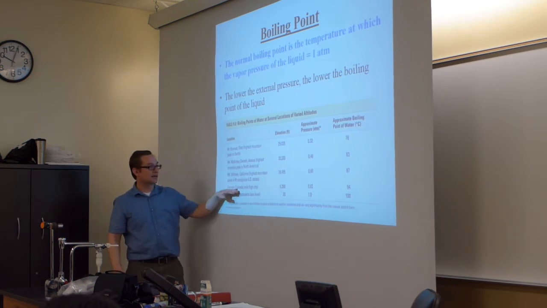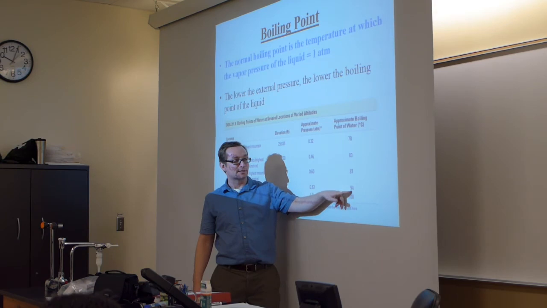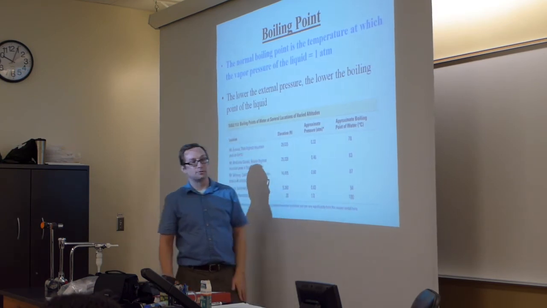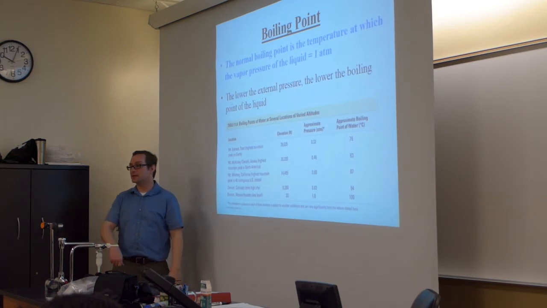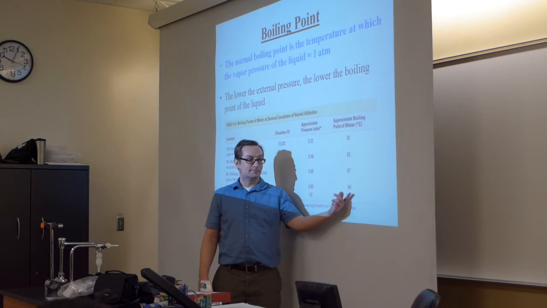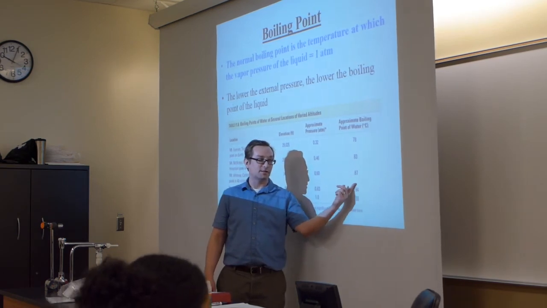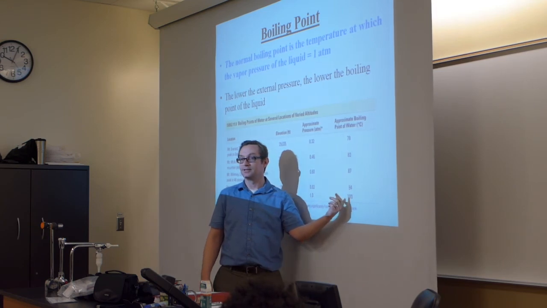In Denver, Colorado, the Mile High City as they call it, water boils 6 degrees less in temperature. So will it take you longer to cook a pot roast in Denver or in Boston? I can't boil water past 94 in Denver.